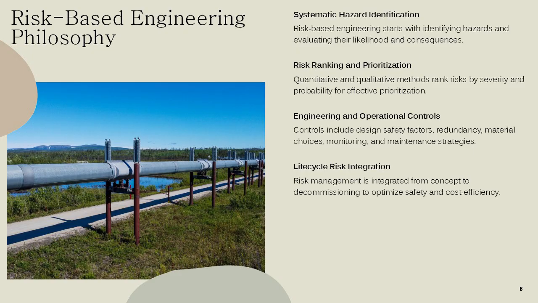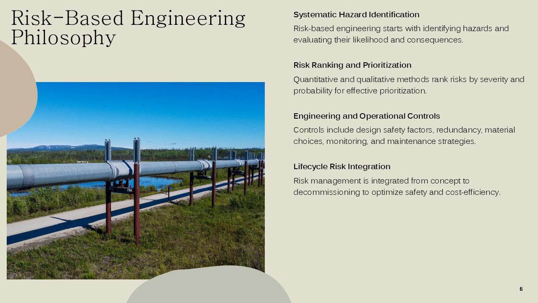Risk-based engineering for flexible pipelines involves a systematic approach. The process begins with defining functional requirements and environmental conditions, followed by assessing potential failure modes such as fatigue, corrosion, and polymer degradation. Quantitative and qualitative methods are used to rank risks based on severity and probability, enabling prioritization of mitigation measures.